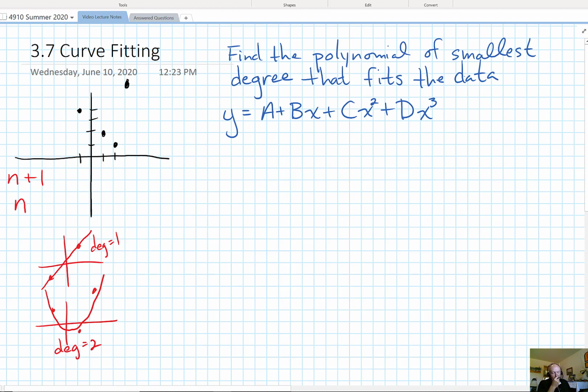So it gives you the minimum degree to go through those points. It's a really interesting idea. So if for some reason I've got 30 data points, and I want to try to model it with a polynomial, I would require a degree 29 polynomial.